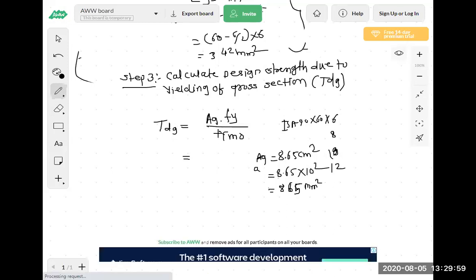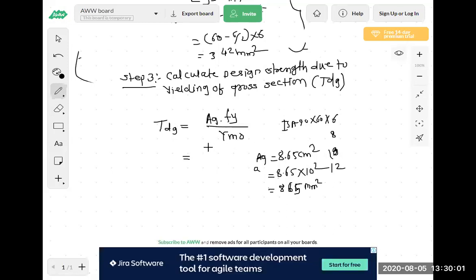So 865 mm square into Fy, the value of Fy. Tell me someone. The value of Fy is always 250. 250 Newton per mm square is the yield stress of the steel.